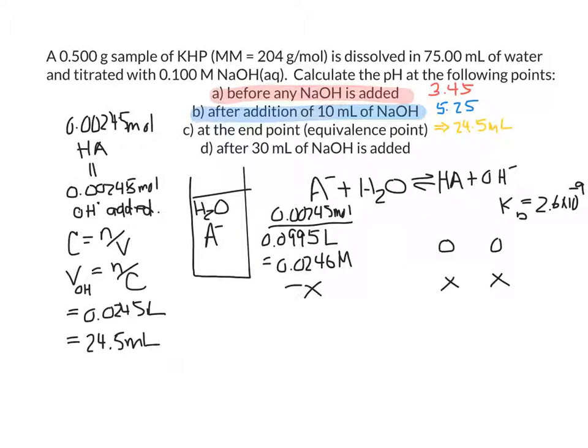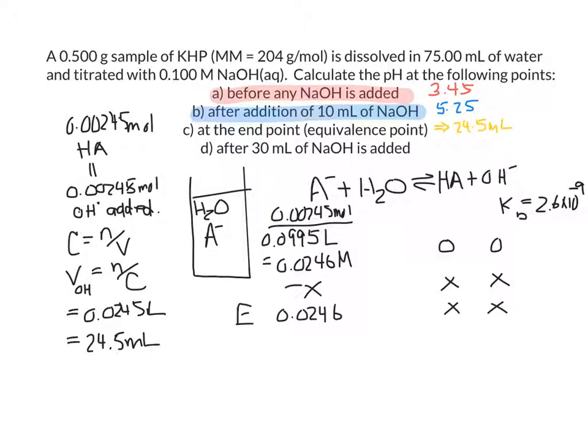At equilibrium, X represents the amount of products that I'm going to make. My K value is very small, so the amount of products I'm going to make is quite small. So X must be small compared to 0.0246 molar, and I'm going to ignore the X relative to 0.0246. And so at equilibrium, I should have the following values.